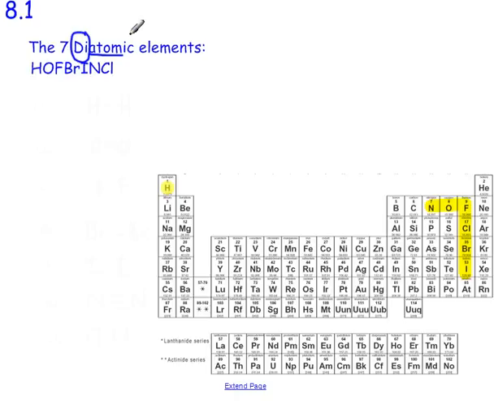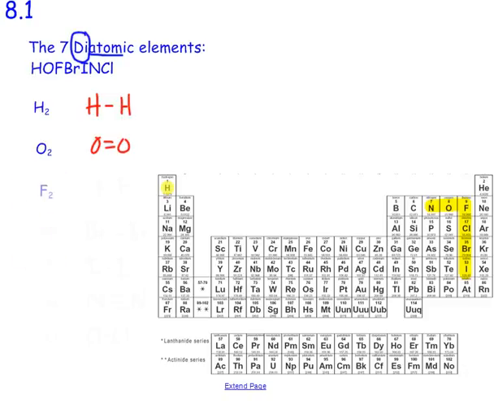They exist in pairs. So for example, you know many of these. Hydrogen is H2. You would draw it as a structural formula, H-H. Oxygen, when it exists as pure elemental oxygen, it is O2. That has a double bond between the 2 oxygen atoms.